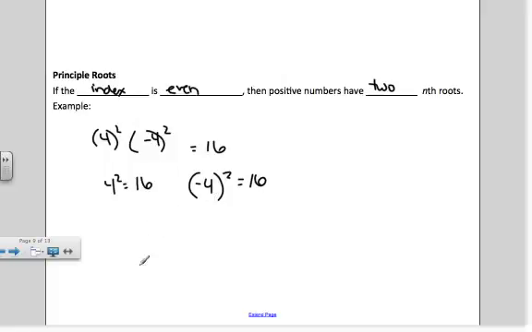So in these cases, if I have something that looks like this, this indicates the positive root or the principal root, okay? So if the index is even, then I understand this to be the positive root, okay?